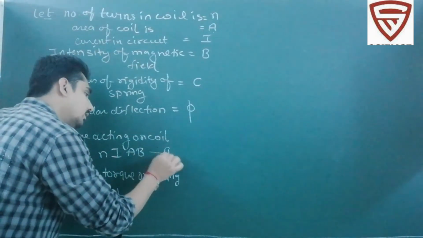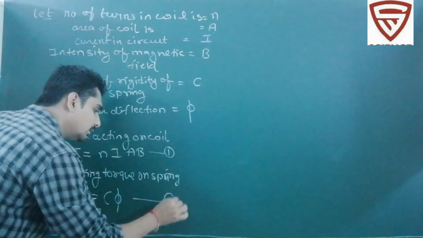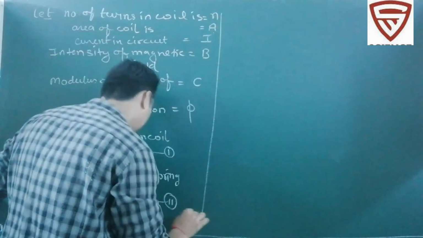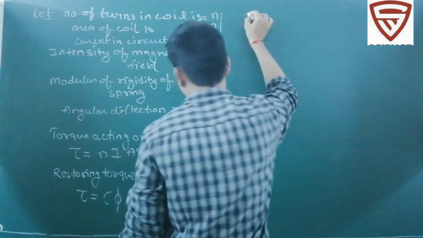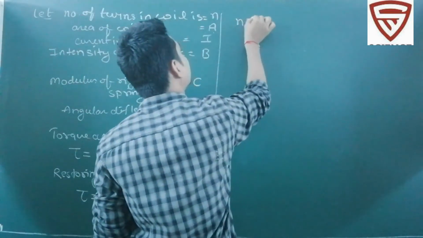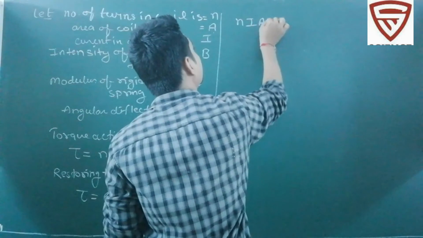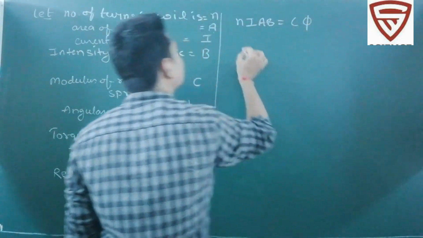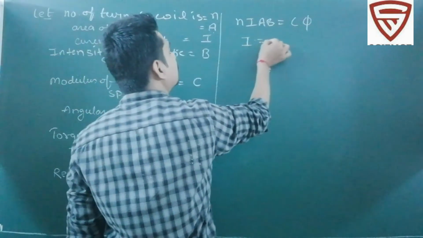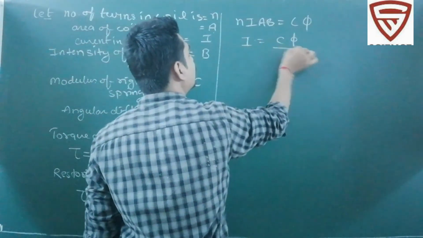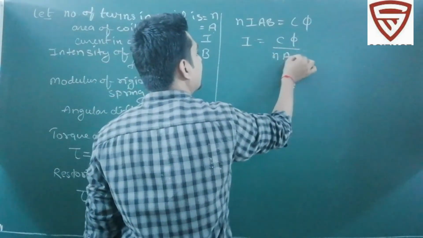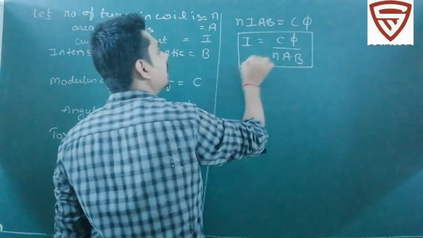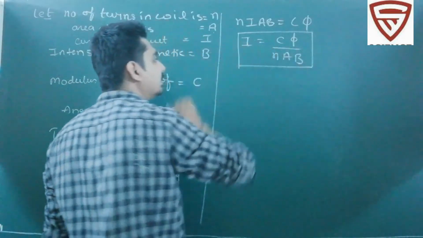These two torques are equal, so we put them equal. So we find N I A B equals C phi, so I equals C phi upon N A B. This is the relation between the deflection of the pointer and the value of current.